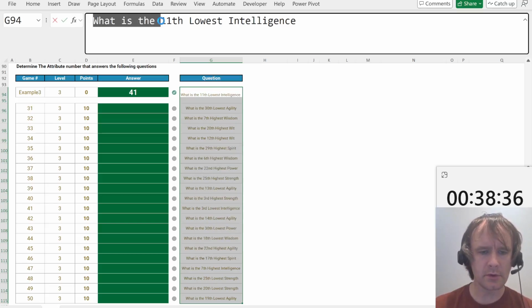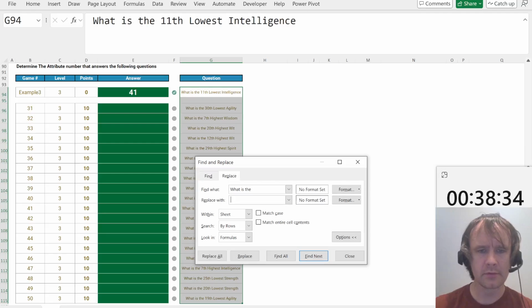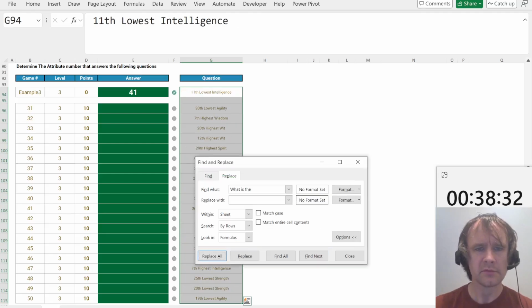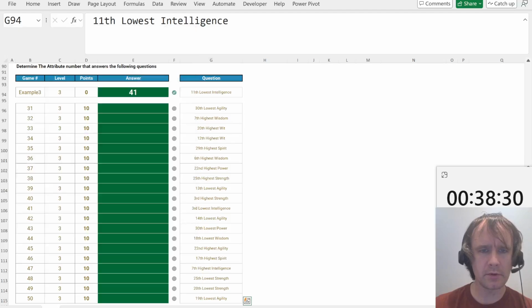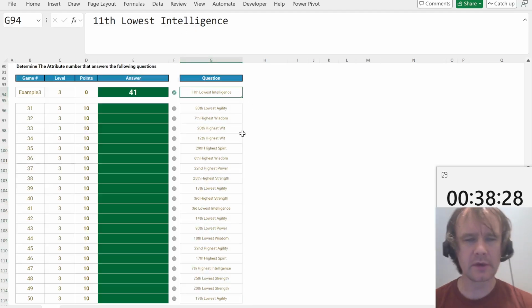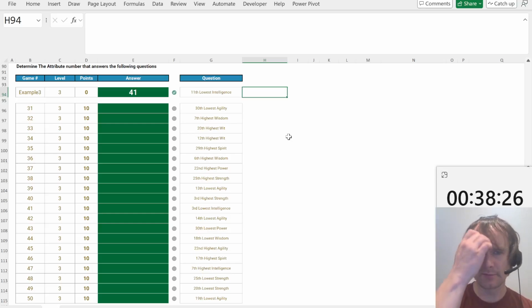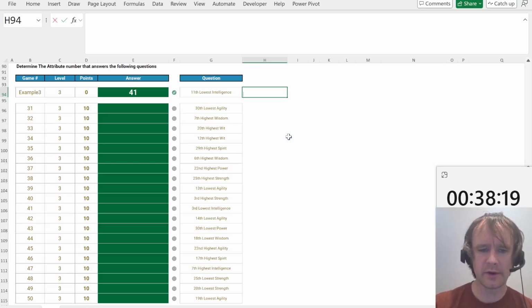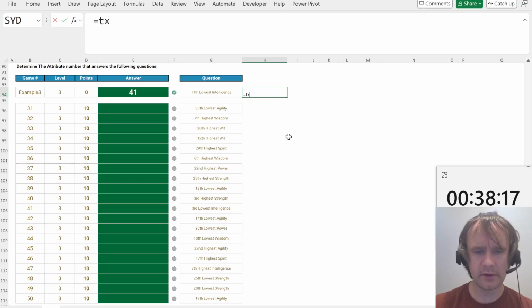I'm not interested in what is the. Okay, what are we doing? Go away. Okay. I haven't imported my lambdas yet. Let's do that. Then I have a text extract. Yes, text extract nums. That's what I want.